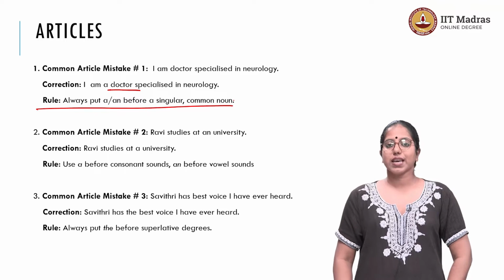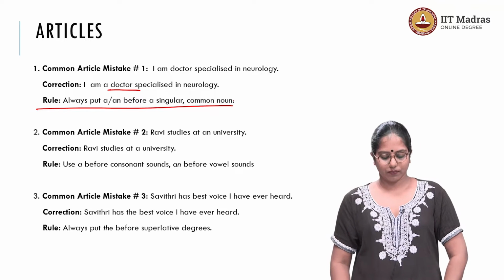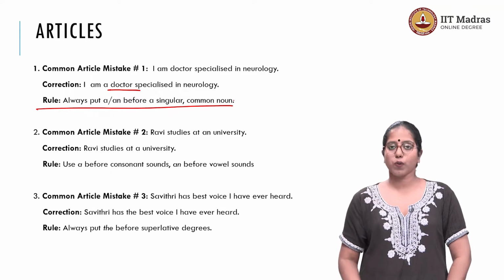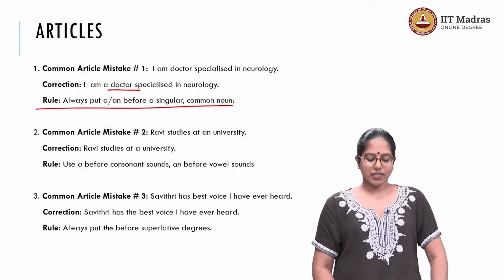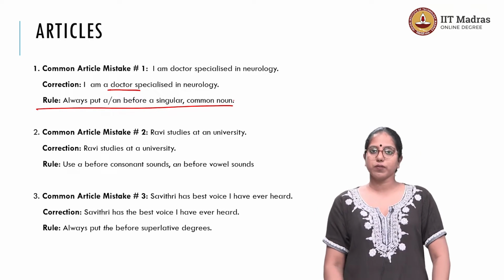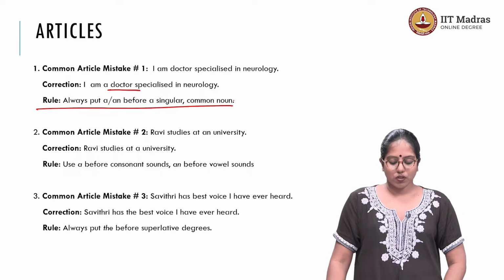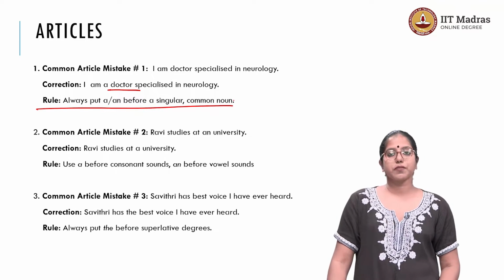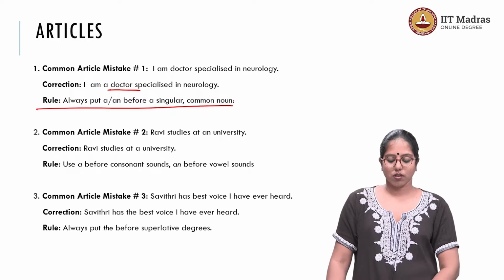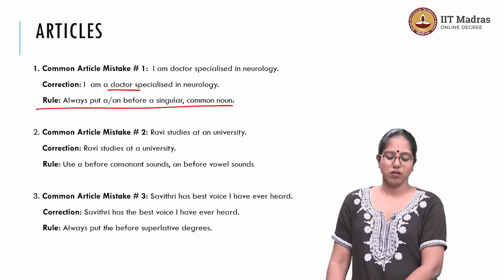Now the second sentence. "Ravi studies at an university." What's the right sentence? "Ravi studies at a university." Why so? Because you always use a before a consonant sound and an before a vowel sound.